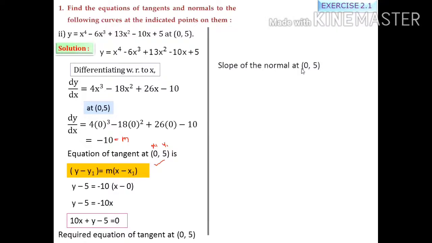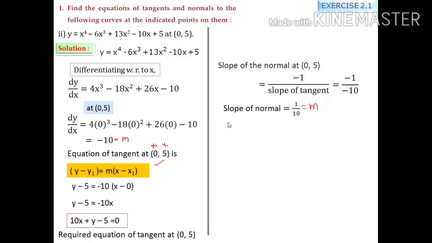Slope of the normal at that point, we get minus 1 by the slope of the tangent. But the slope of the tangent m is here minus 10. Substitute minus 1 by minus 10, minus minus becomes plus. Hence the slope of the normal is equal to 1 by 10. After getting the slope of the normal, we have to use the slope-point form for the equation of the normal.